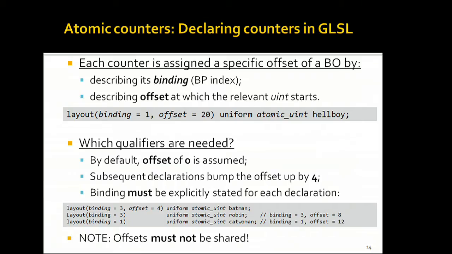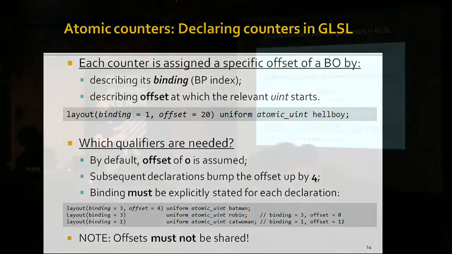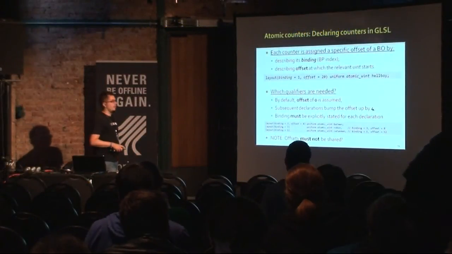Each counter is assigned a specific offset of a buffer object region by describing its binding, where binding corresponds to the binding point index. Think of the glBindBufferBase and glBindBufferRange functions; this is what you should be using for configuring the associations. Apart from binding, you also have to describe an offset from which the counter starts.